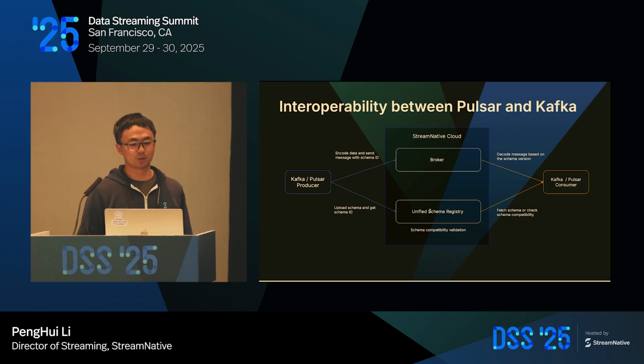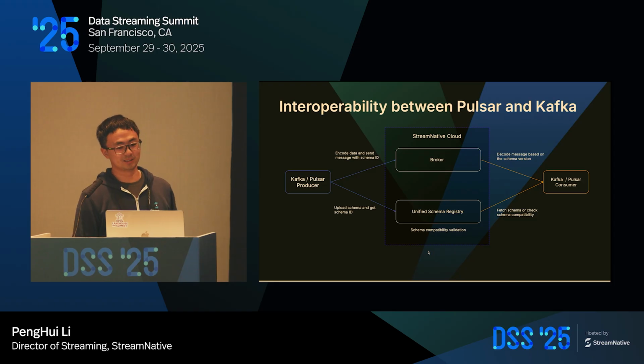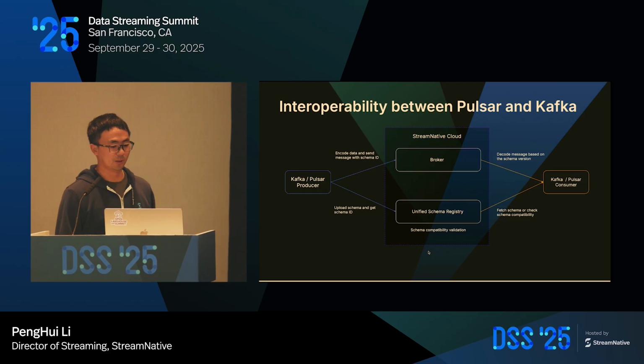The final purpose is that we would like the unified schema registry to work for both Pulsar and Kafka clients. You don't have different schema registries, but you can use different APIs. People love the Kafka API because it's much simpler for stream processing. It's a simple model.